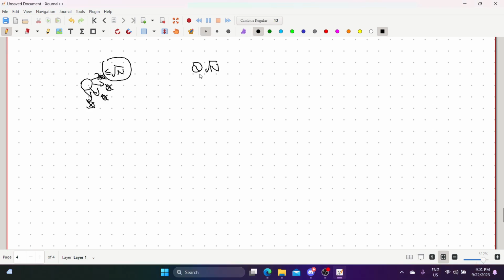Since there are q updates and each requires square root n time, this is q square root n. But obviously the problem won't be so nice.